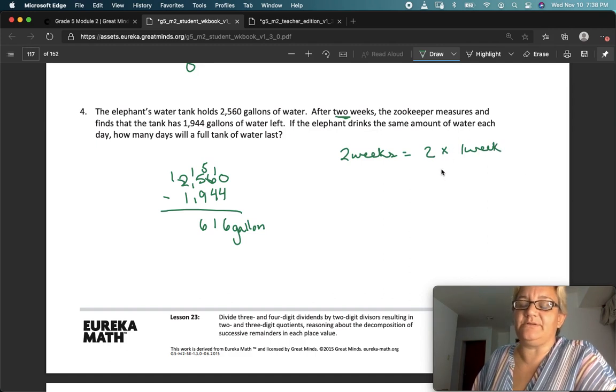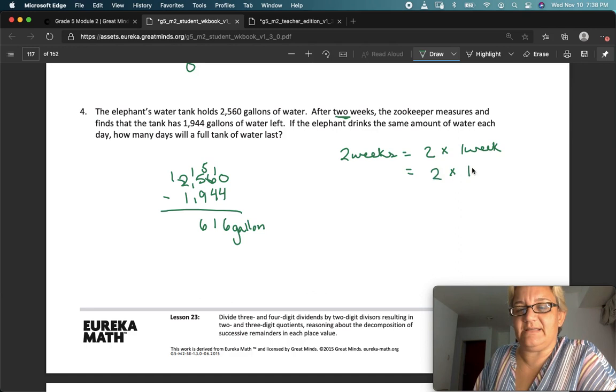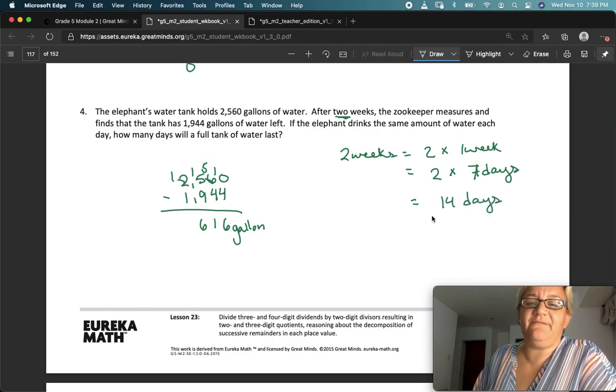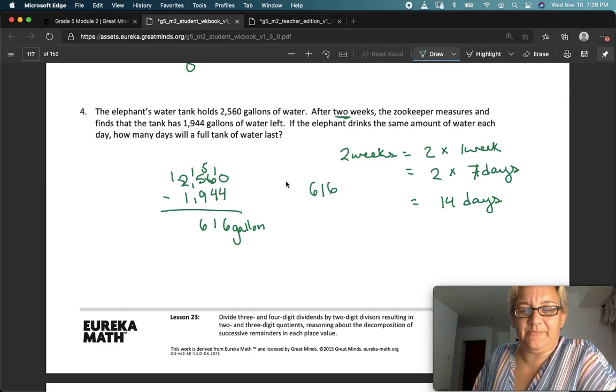You know how many days are in 2 weeks, but I'm showing you, again, how we convert units because some of you keep forgetting. Okay. So if there are 14 days in 2 weeks, that means we're going to divide this number by 14.